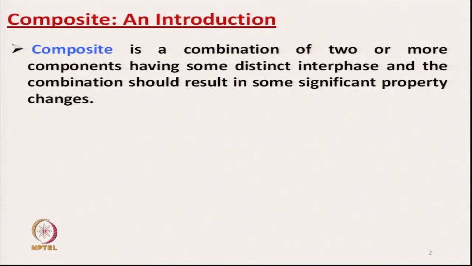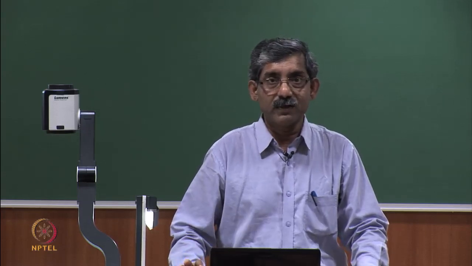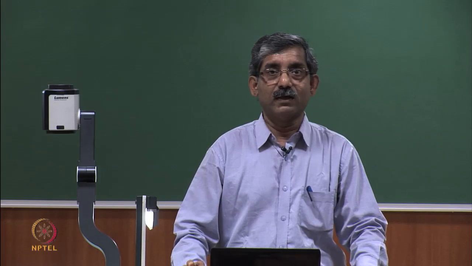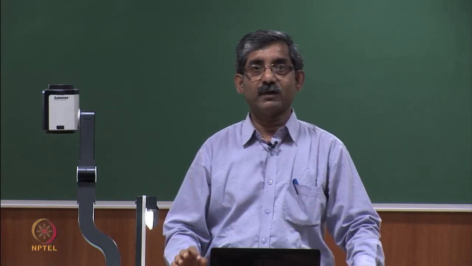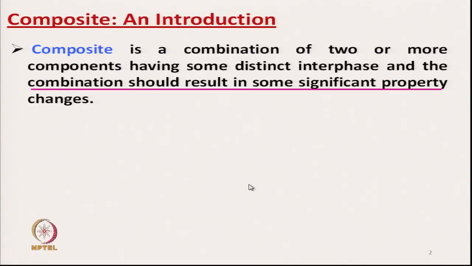That is why we prepare composite. The composite has three distinct components. One is the matrix component, second is the reinforcing component, and third is the distinct interface. So, the combination should result in significant improvement in characteristics of the material.